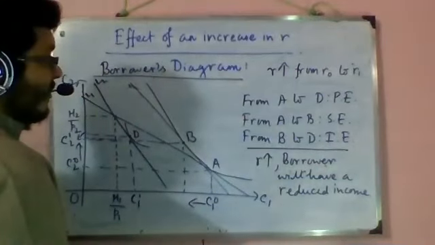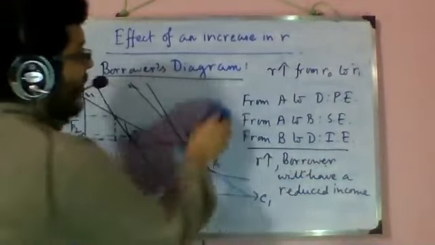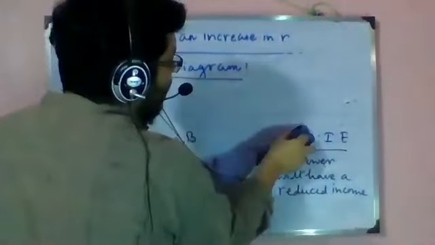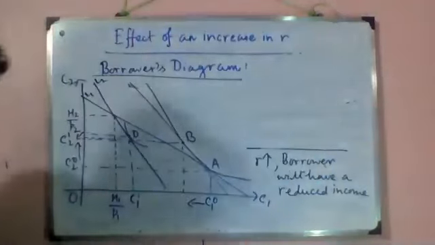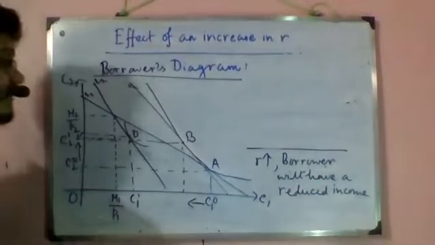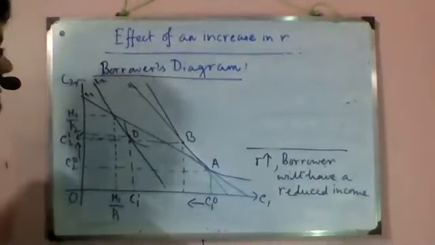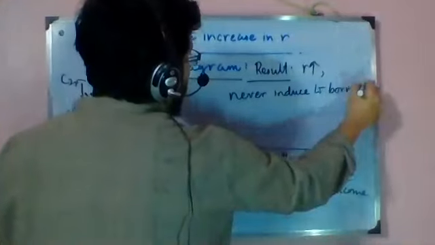Now, from this, we can try to have the possible cases that we discussed in lenders. So here our question is this. First, let us state the result that we have got. If R increases, it will never induce you to borrow more, right?